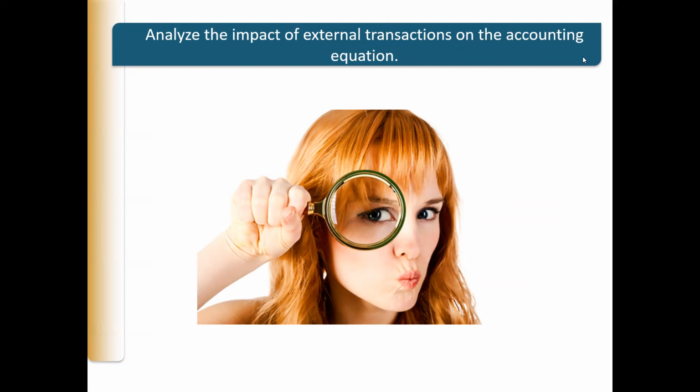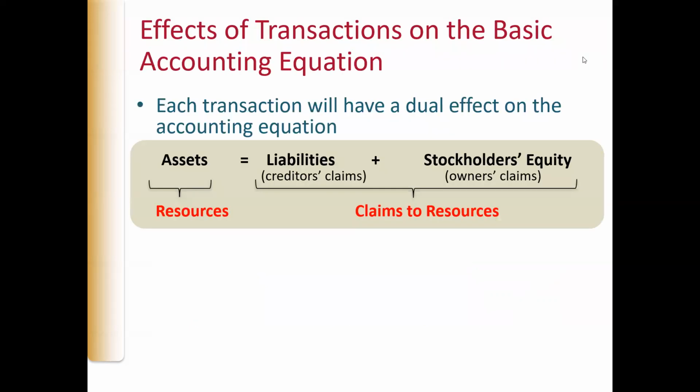So we start with looking at various transactions. And we're going to think, how do these transactions affect assets? How do they affect liabilities? And how do they affect stockholders' equity?